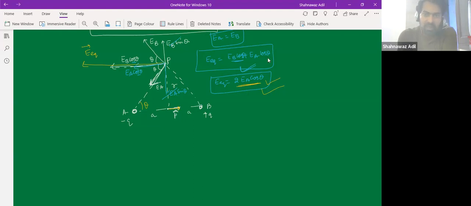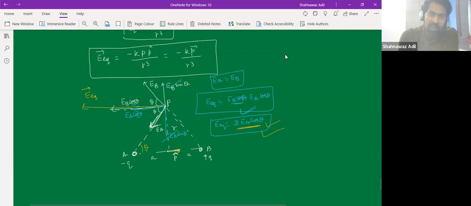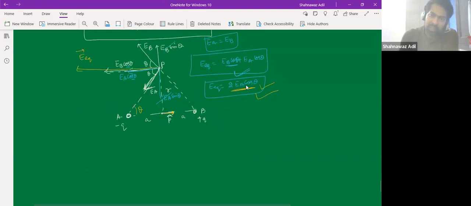So you can also write this one, and from here you know how to calculate the result. Also note down this picture. Please note down this picture, and if you have any confusion, please tell.